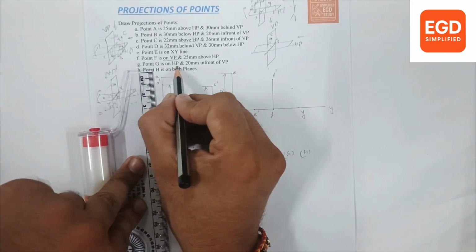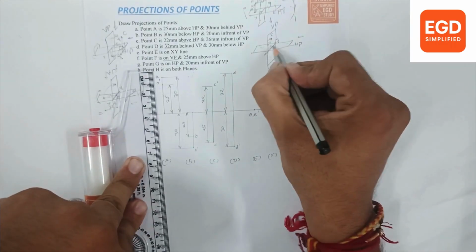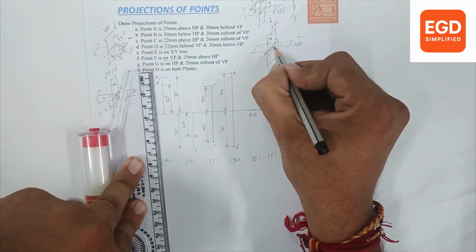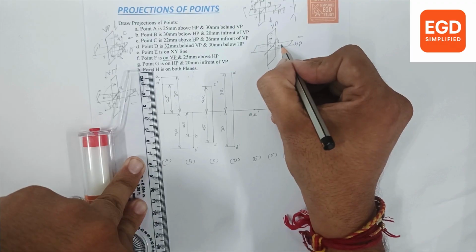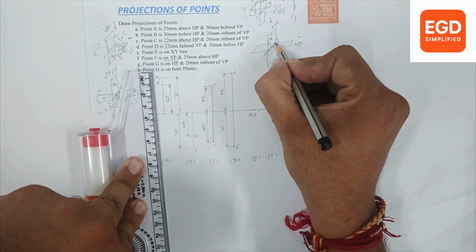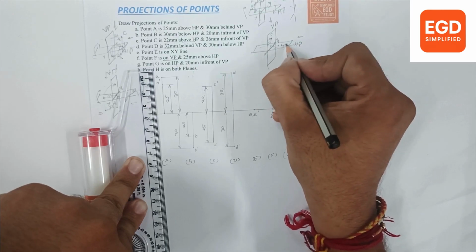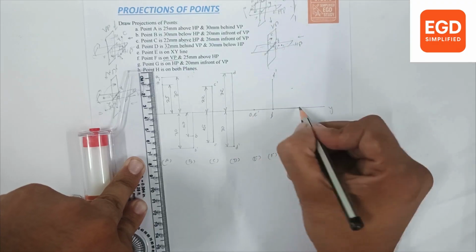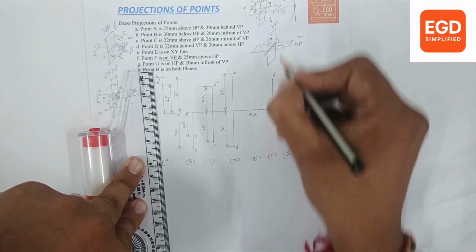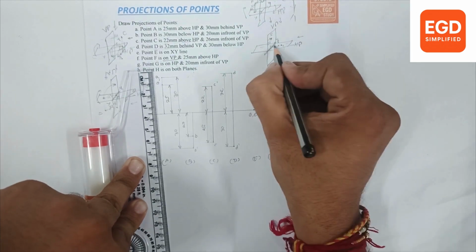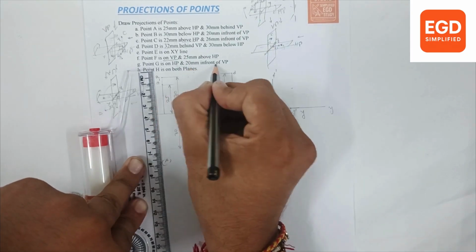For point G, the point is on HP somewhere here and 20 mm in front of VP, means 20 mm from here. This distance is 20 mm. So when we see from the front, point G will be on the XY line, so G dash is here. When we see from the top, we will plot this point on HP at a distance of 20 mm in front of VP.